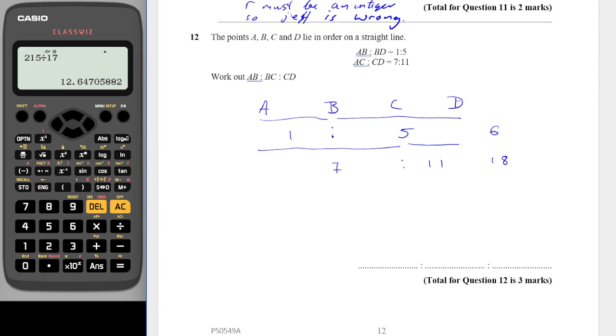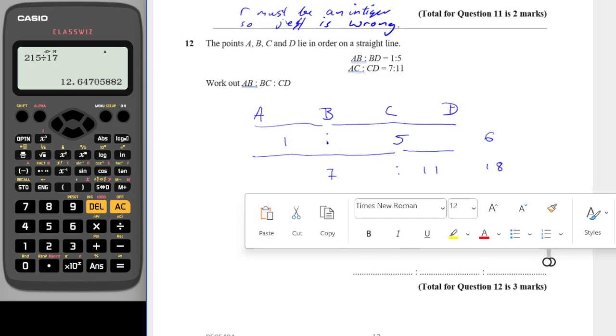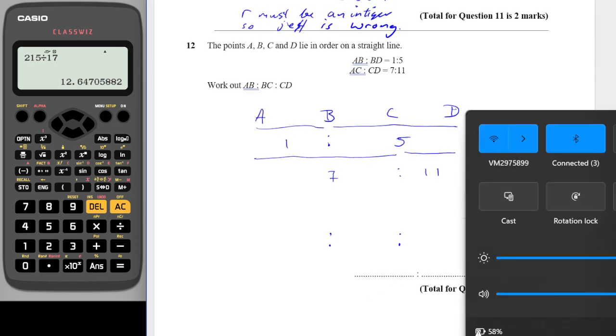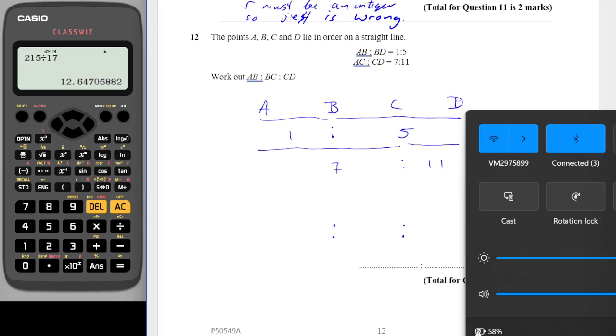If we're trying to combine them, AB, BC, CD, we want those 3 parts. So we need to have them both being ratios with 18 parts.